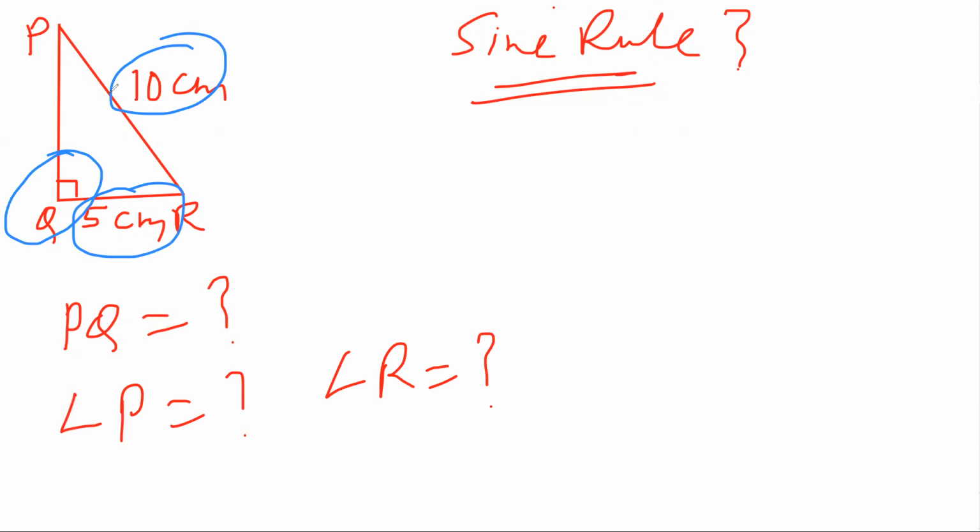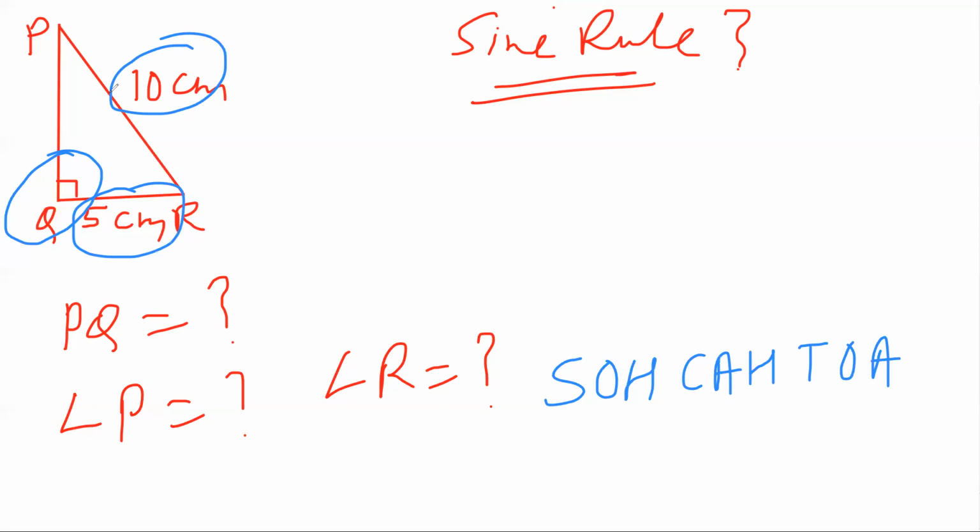Since this is a right-angled triangle, you can easily use SOHCAHTOA that you learned last year, and using this you can easily find PQ or angle P or angle R.